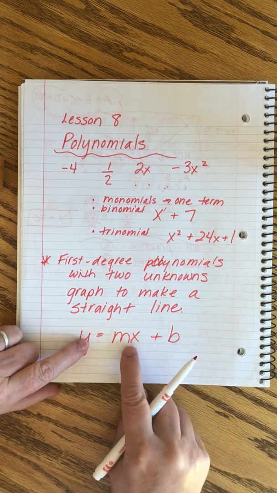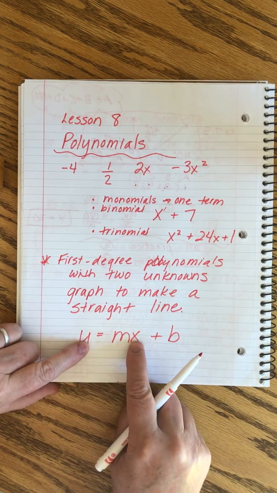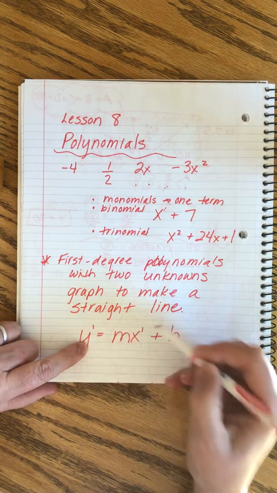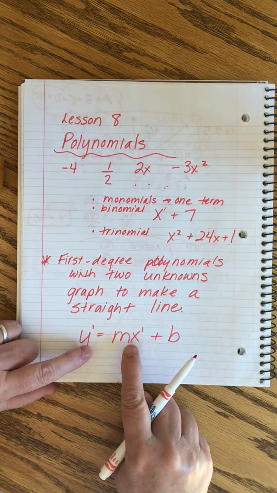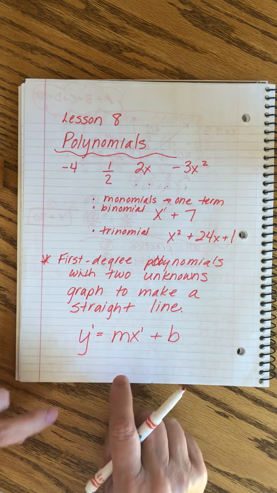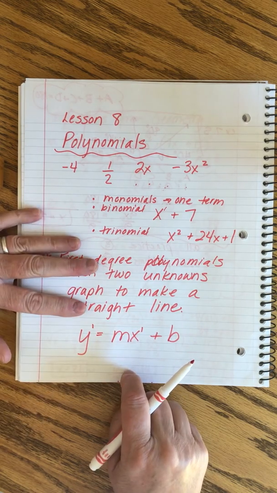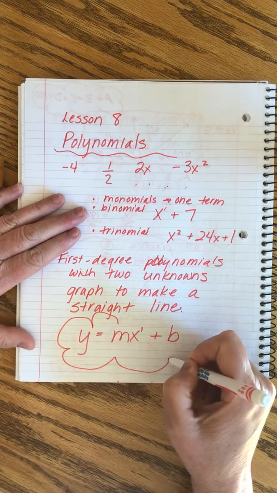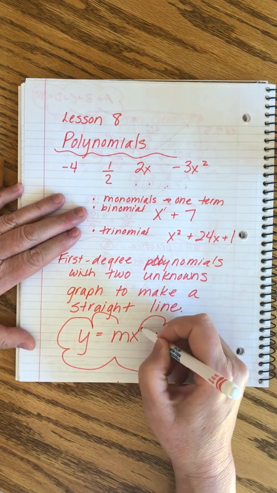This is kind of the generic form, but the x and the y are going to be unknowns. They're first degree because neither of them are squared, and that is why we know that whenever we graph them, they make a straight line. Don't worry about this. This is just nice to know. But of course, this we're going to talk about endlessly starting now.